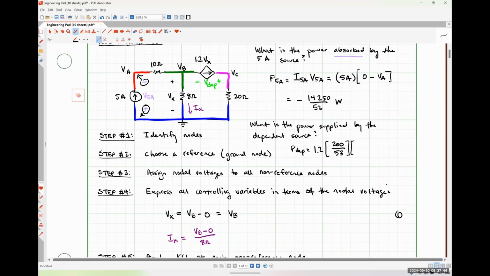What's my voltage drop V dependent going to be in terms of my nodal voltages? Exactly right. Vc minus Vb, because the positive polarity terminal is at node C and the negative polarity terminal is at node B. So it is absolutely just Vc minus Vb.